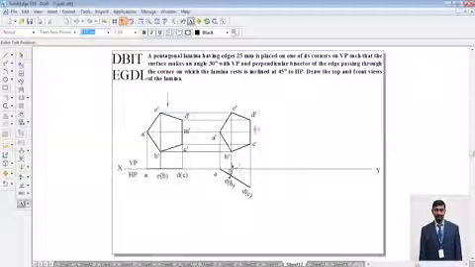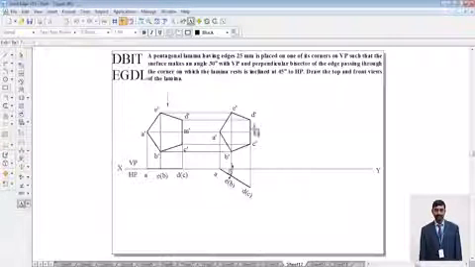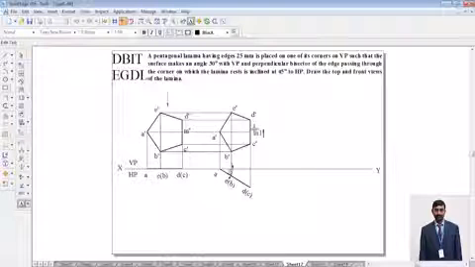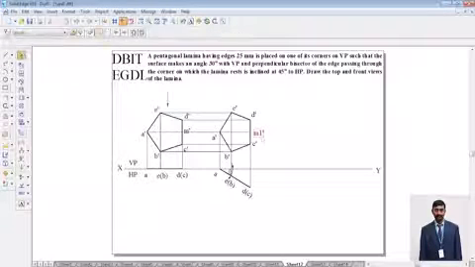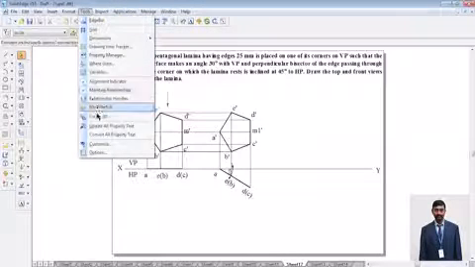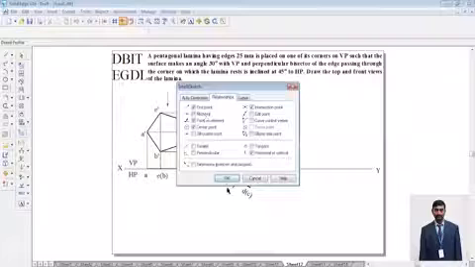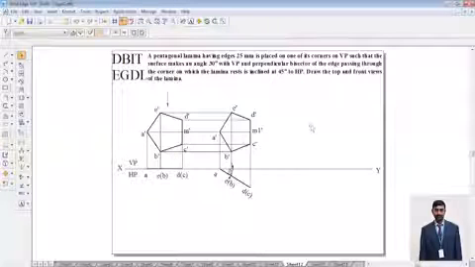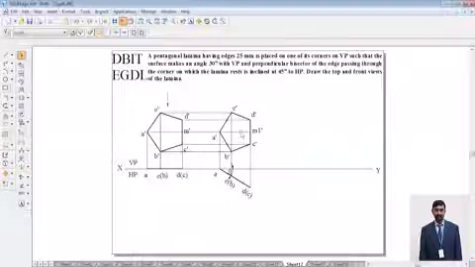I am going to name this as M1 dash. So now I'm going to disable midpoint. So M1 dash.